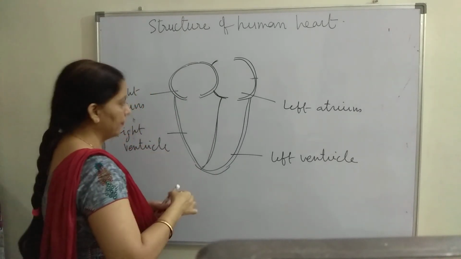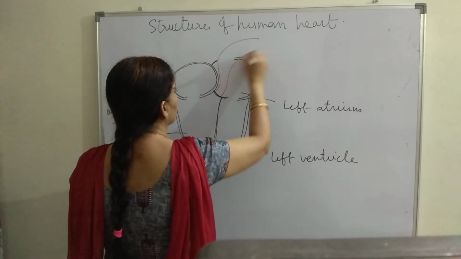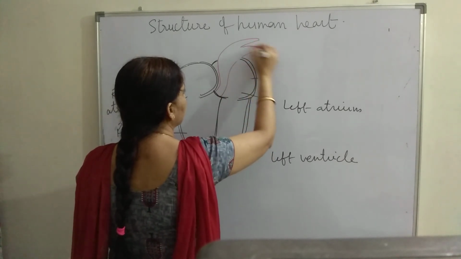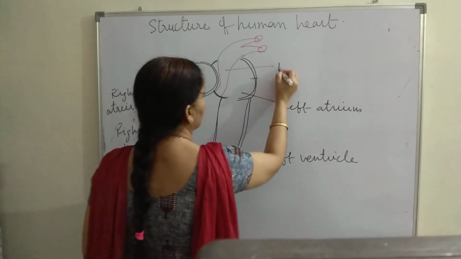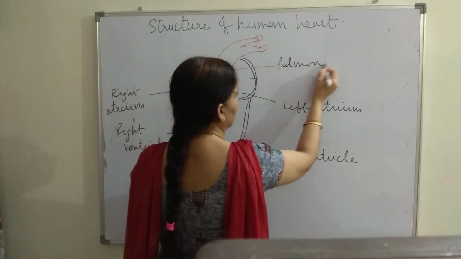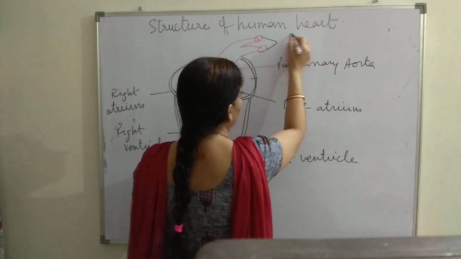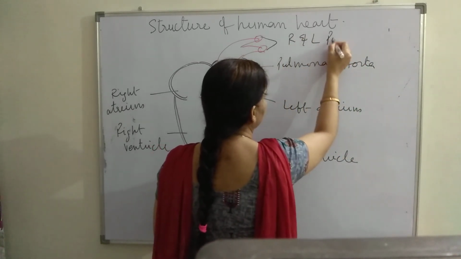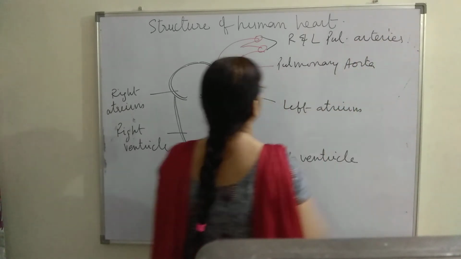Now we can see there are two aorta. This is the red one I am drawing. It is the pulmonary aorta, and its two branches are the right and left pulmonary arteries.